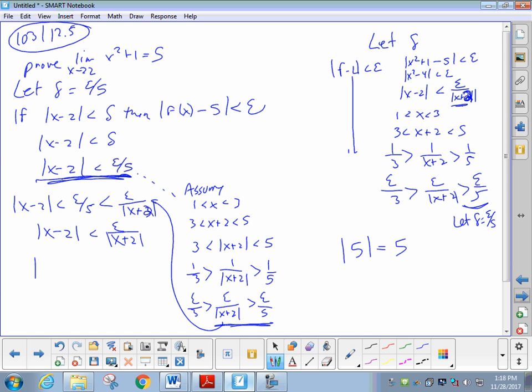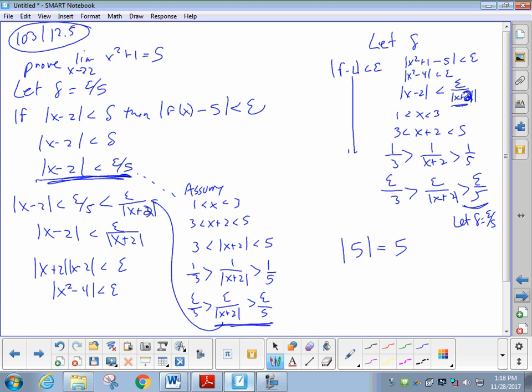If I then multiply x plus 2 over, I don't worry about the inequality because I just had an absolute value on that. That's positive. Can I put those two together in one absolute value? Sure. Okay.